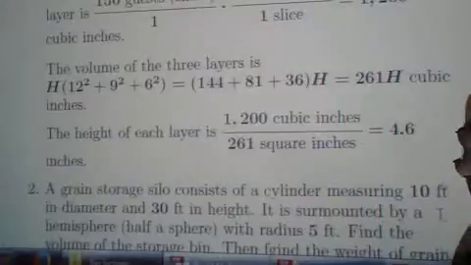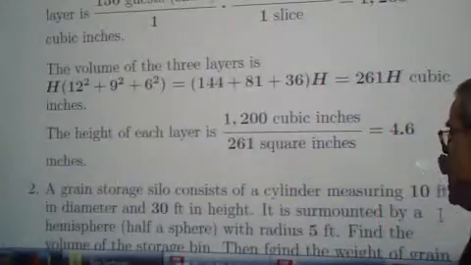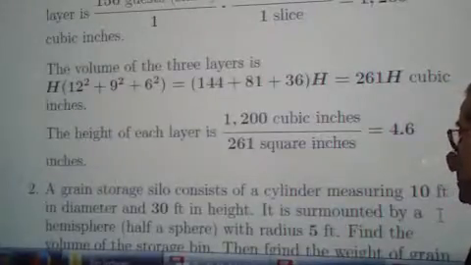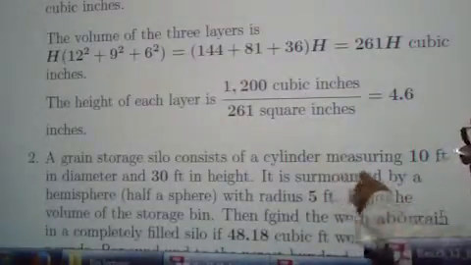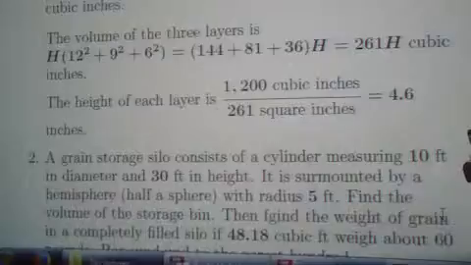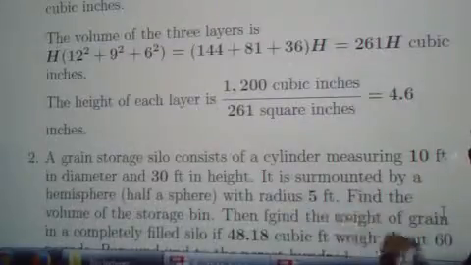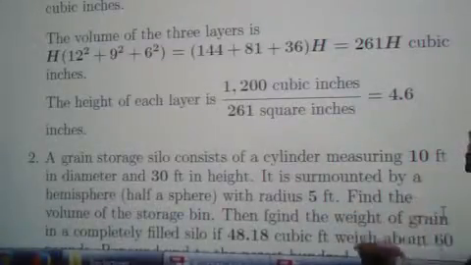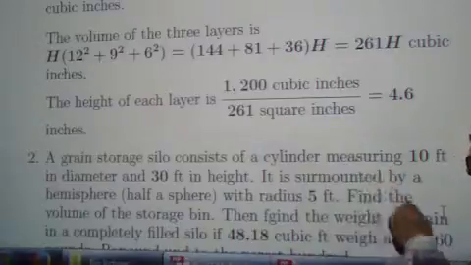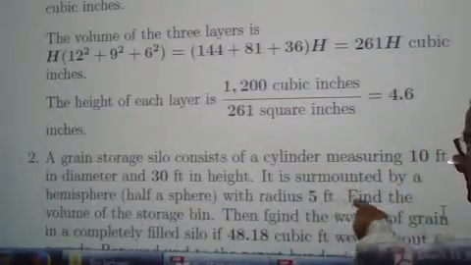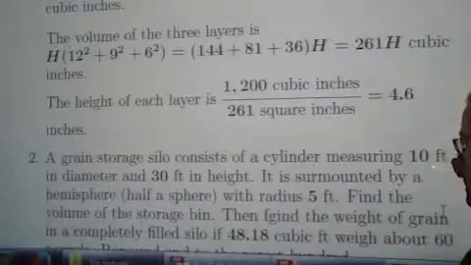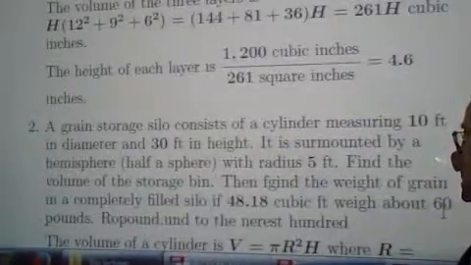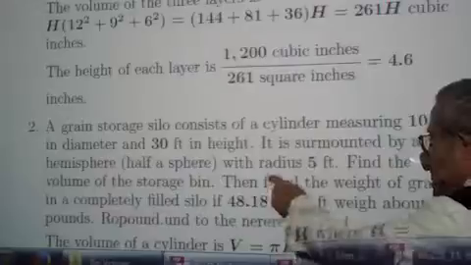Then we have a grain silo, which consists of a cylinder measuring 10 feet in diameter and 30 feet in height. It is surmounted by a hemisphere, that's half a sphere, whose radius is 5 feet. Find the volume of the storage bin.